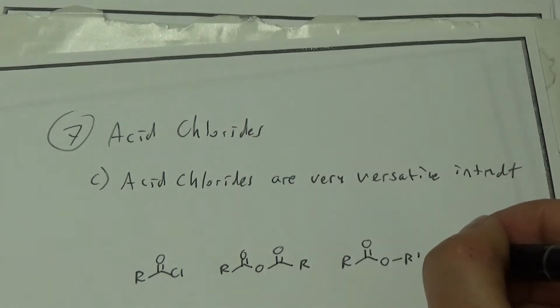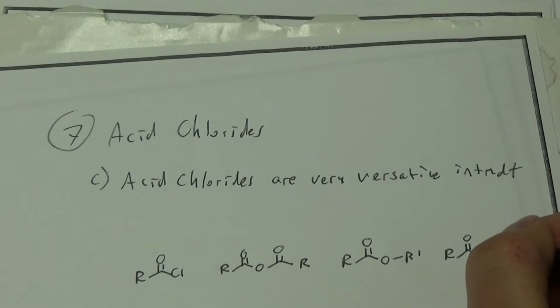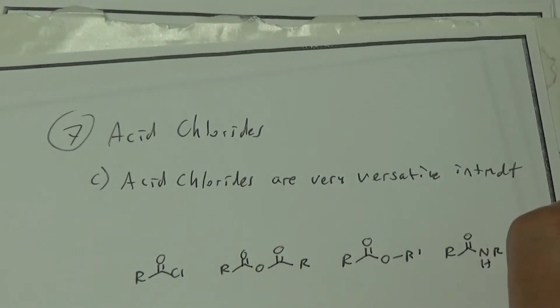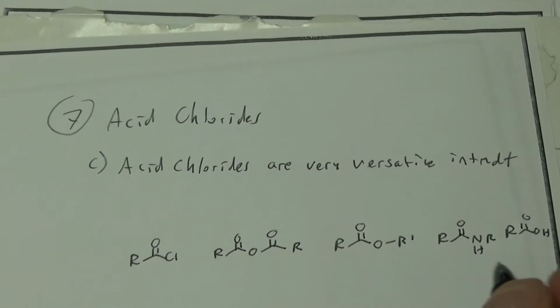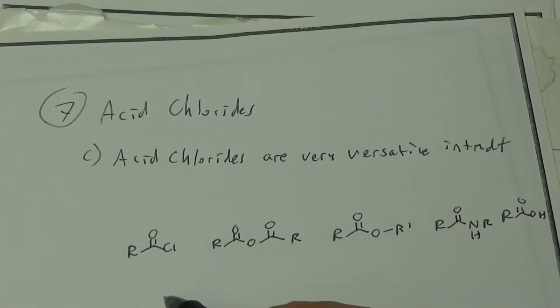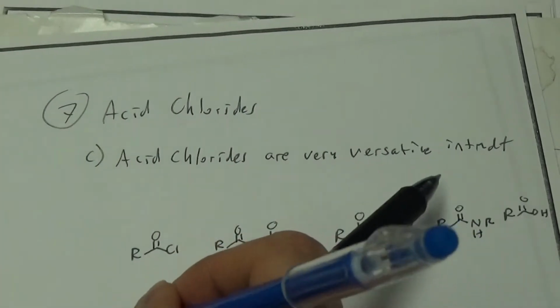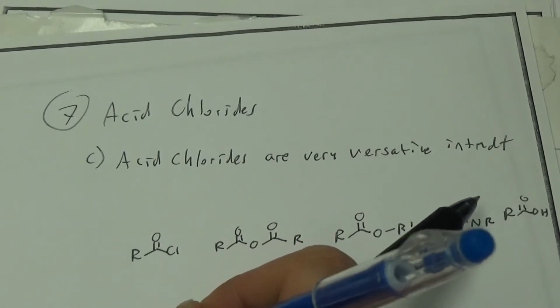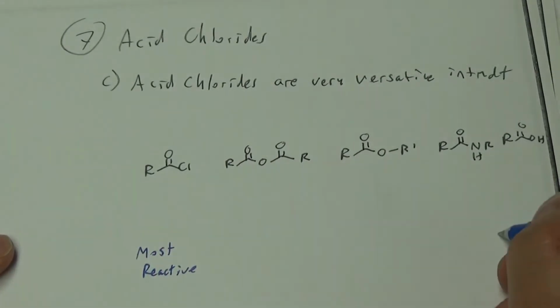And then we have amide, NHR, and then we have carboxylic acid, right? Okay, so the order is really important. It goes from the most reactive to the least reactive, right?